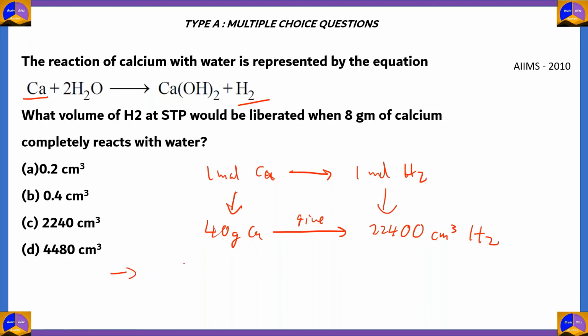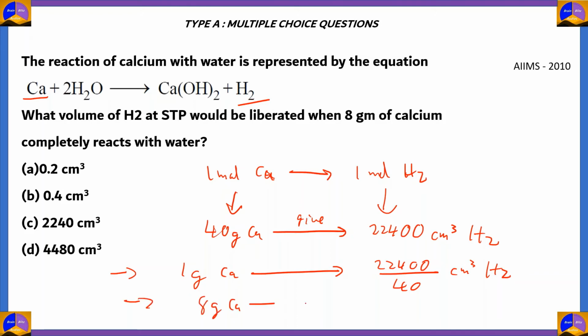So using unitary method, we'll know that 1 gram of calcium will give 22400 divided by 40 cubic centimeters of H2. And when we multiply this by 8, so we'll get 8 grams of calcium, which is the value given in the question. So 8 grams of calcium completely reacts with water to give what volume? That volume is 22400 divided by 40 into 8 cubic centimeters of H2.